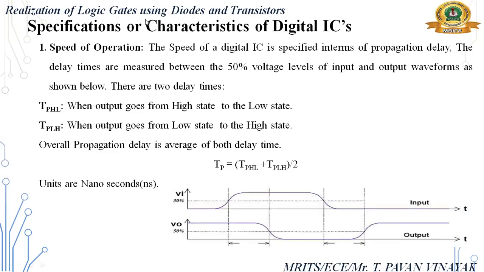Let us see here. Input waveform, output waveform. What I said, 50% voltage levels of input and output. So 50% means this one, half of the signal. This is input and this is output. For output also, I am taking 50% voltage levels. Now, let us see the time here.